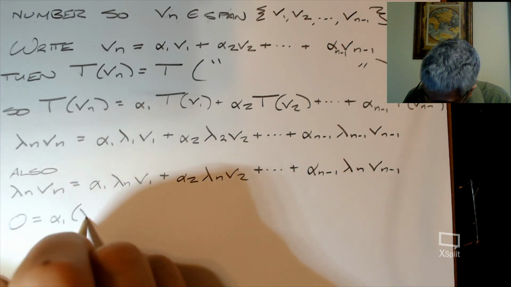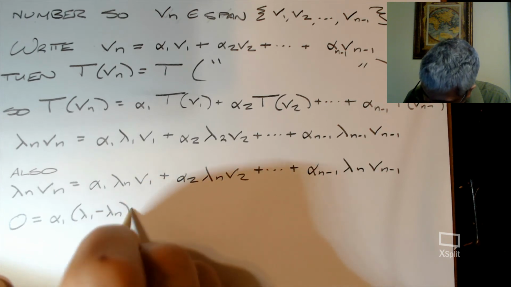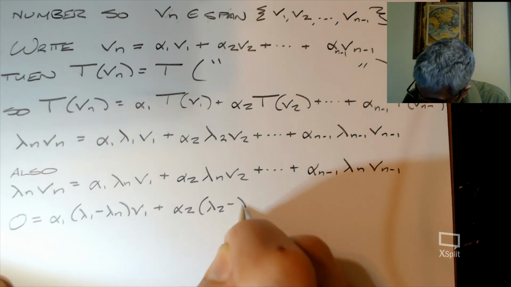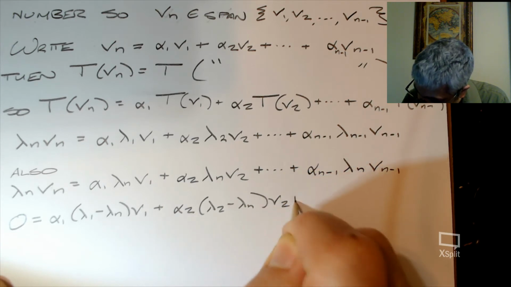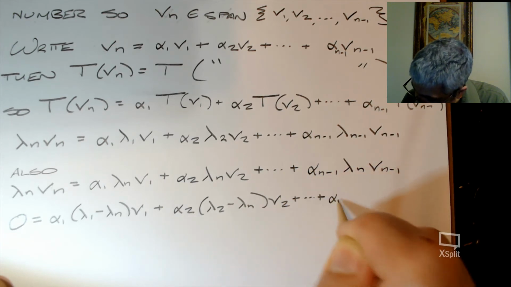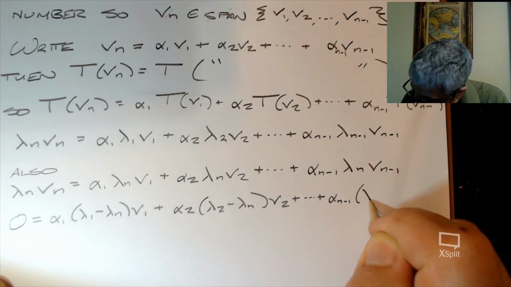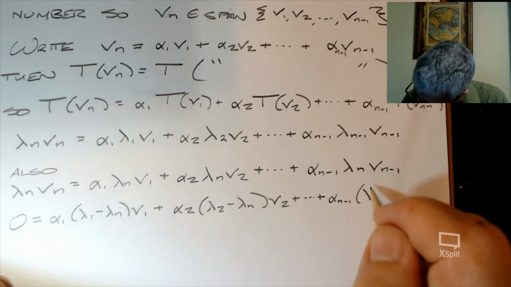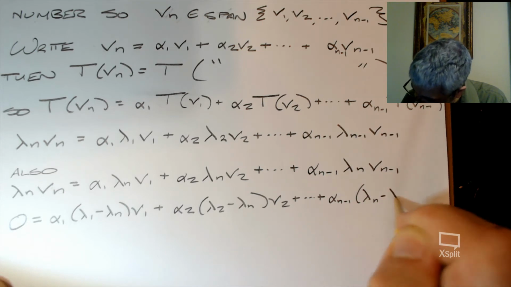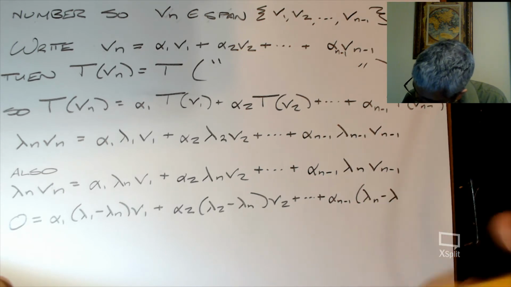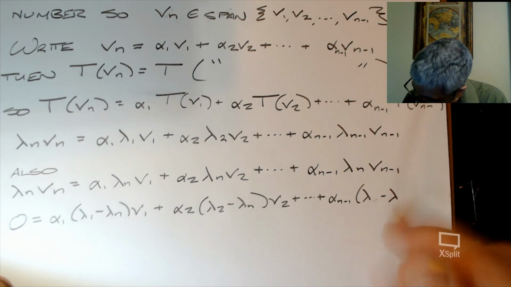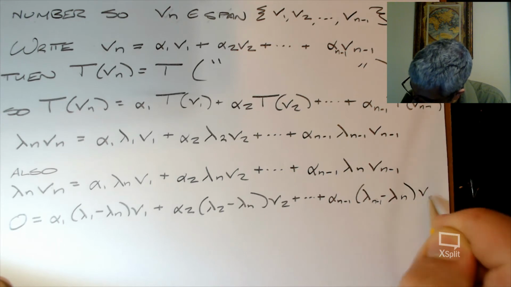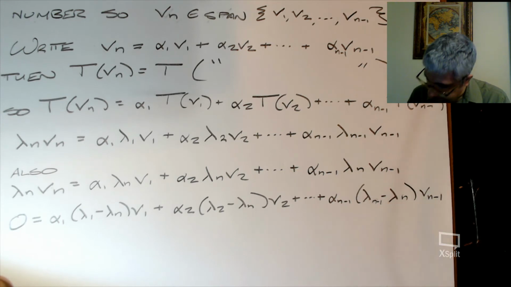Alpha 1 times (lambda 1 minus lambda n) v1 plus alpha 2 times (lambda 2 minus lambda n) v2 plus dot dot dot plus alpha n minus 1 times (lambda n minus 1 minus lambda n) V n minus 1.